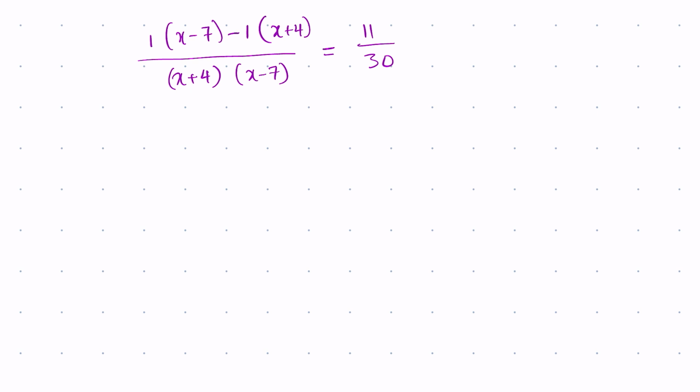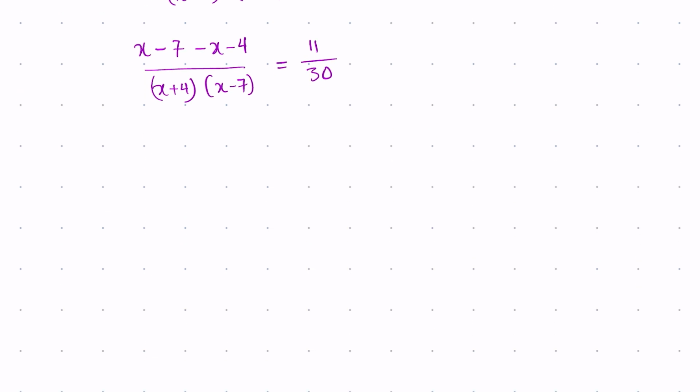So we get x minus 7 minus x minus 4 divided by x plus 4 times x minus 7, which is equal to 11 by 30. Okay, next we simplify some more. So x minus x is 0, minus 7 minus 4 is minus 11 divided by the denominator. That is equal to 11 by 30.